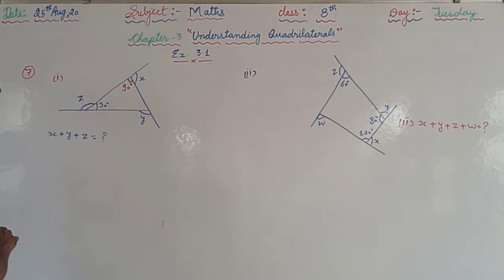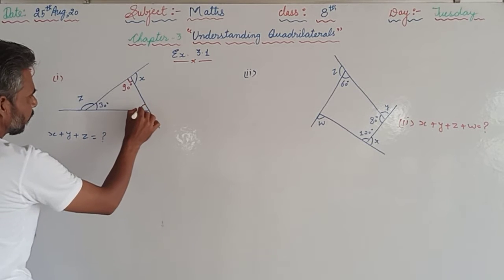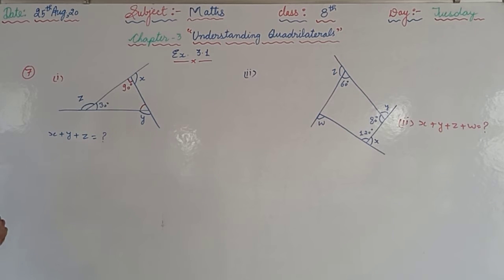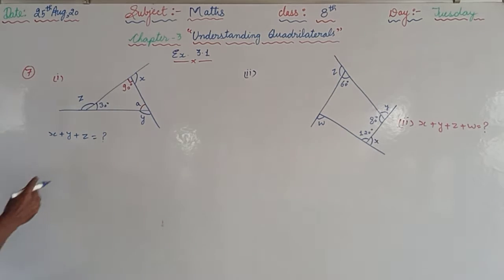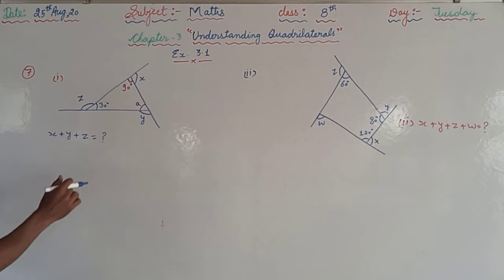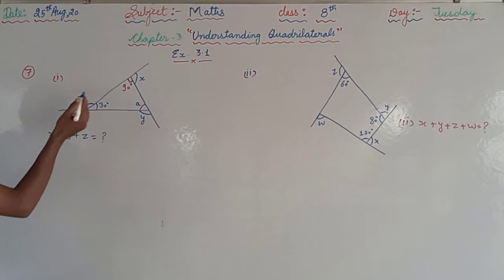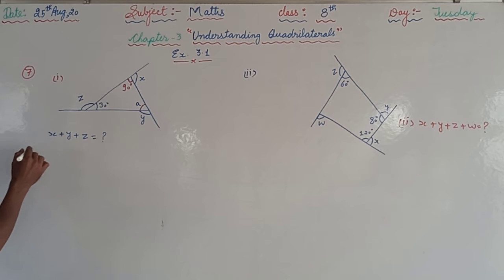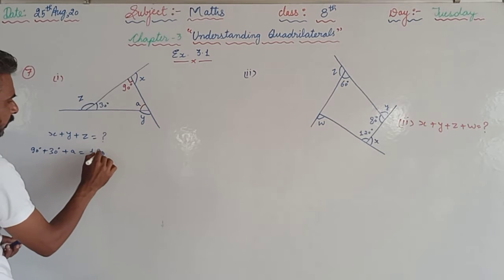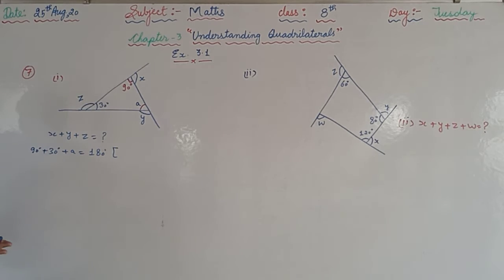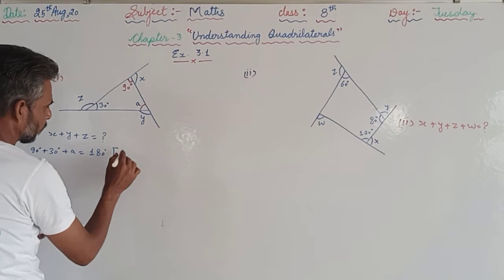So first of all we have to find this interior angle. What will be the angle? Let it be A. So A, 90 degree and 30 degree are the interior angles of a triangle, and we know the angle sum property of triangle. So from the angle sum property, 90 degree plus 30 degree plus A should be equals to 180 degree. Why is it so?